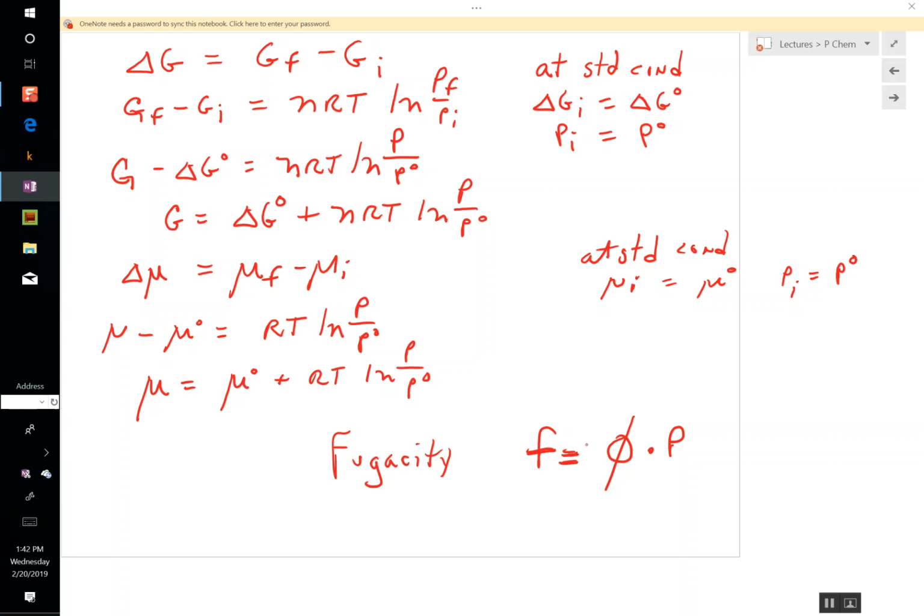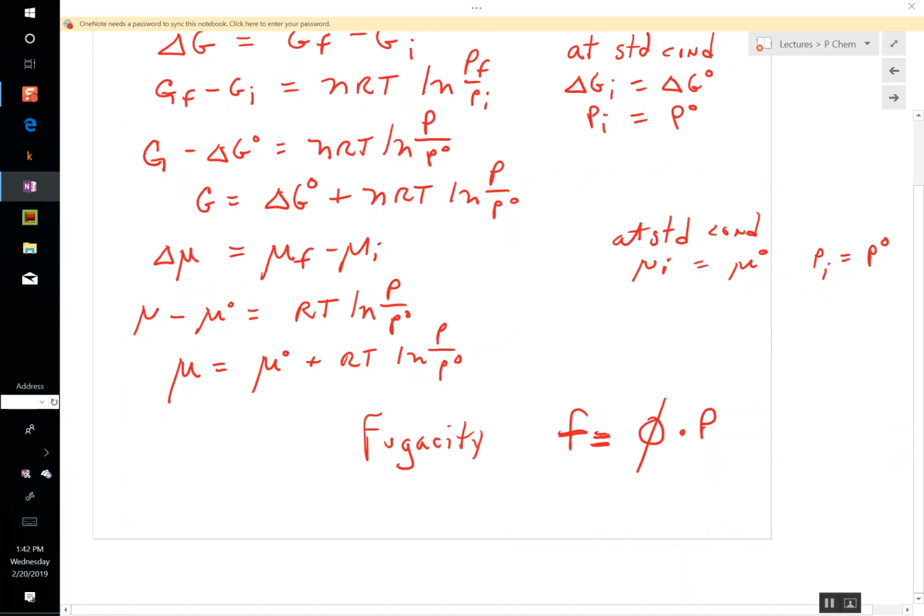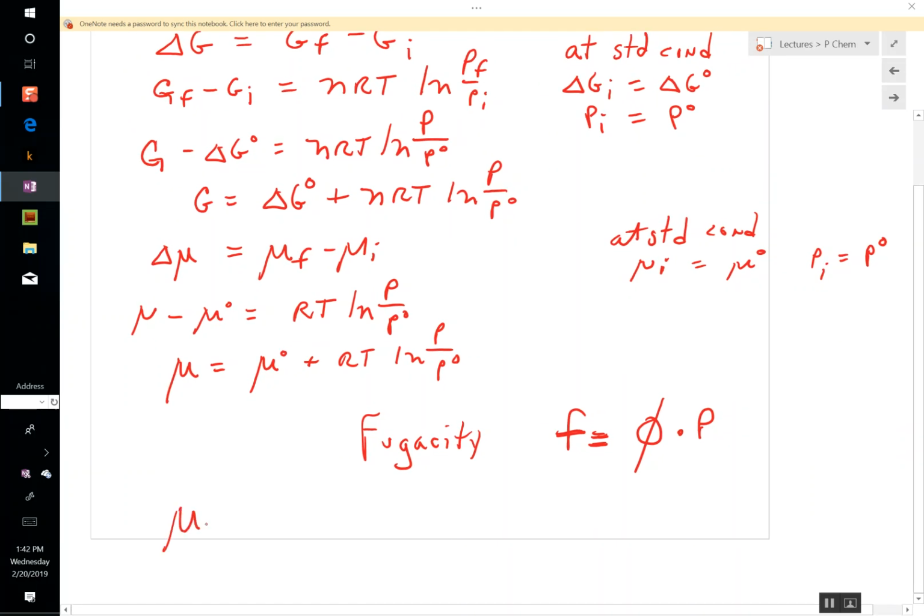It's behaving ideally. So for ideality, f is the fugacity and phi is the fugacity coefficient. And this equation then gets rendered this way: RT times the log of the fugacity divided by the standard pressure.